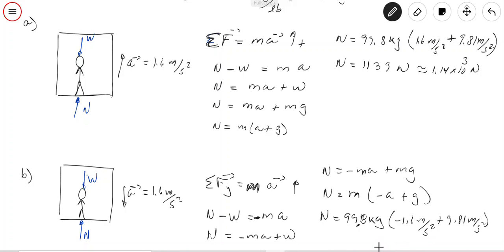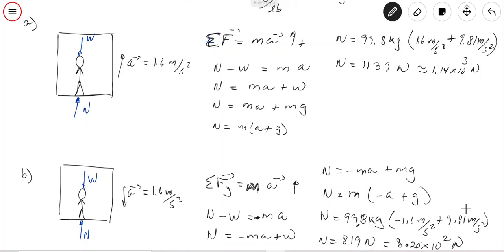If you do the calculation, your normal force here is 819 newtons, or we can say that this is just 8.20 times 10 to the second newtons.